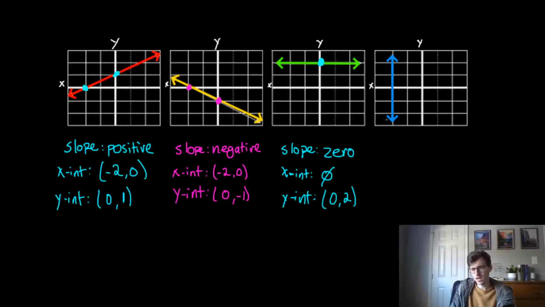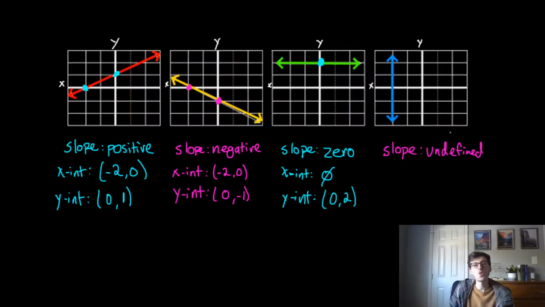Okay, last one, another strange one. This is a vertical line. And this actually isn't even a function, right? It would fail the vertical line test. The only value my x will ever be here is -2, but y has a bunch of different values, so it's not a function. So my slope then is undefined.